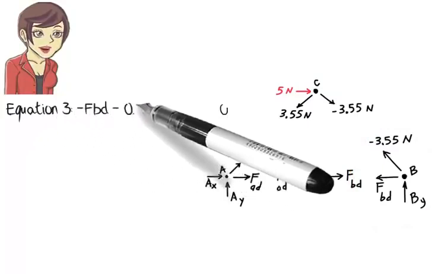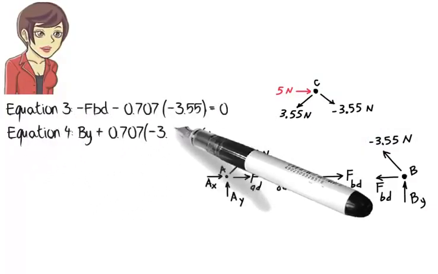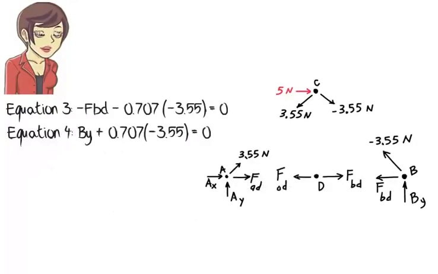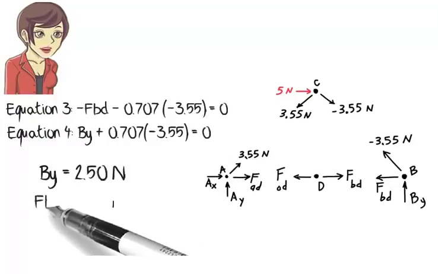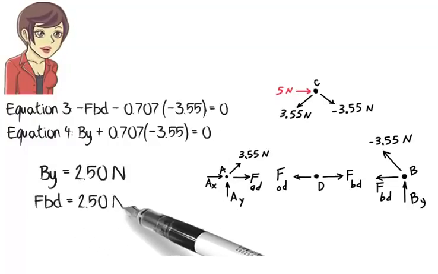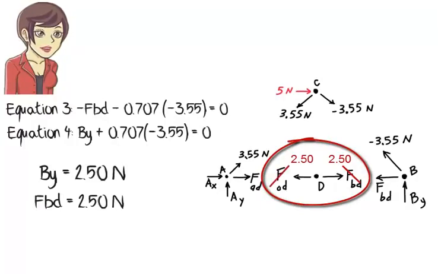The equations are, solving them for the unknowns I get, BY equals 2.5 newtons. FBD equals 2.5 newtons. If we now examine joint D, we can clearly see that FAD is also equal to 2.5 newtons.